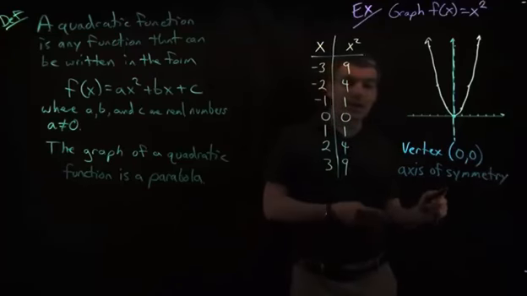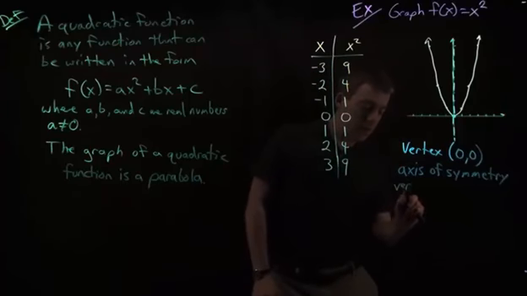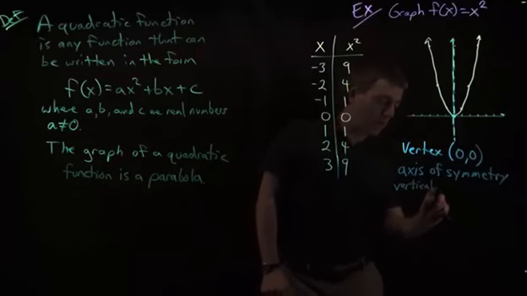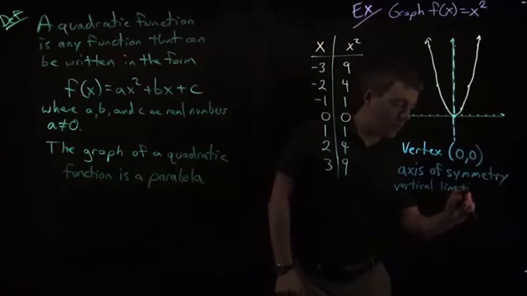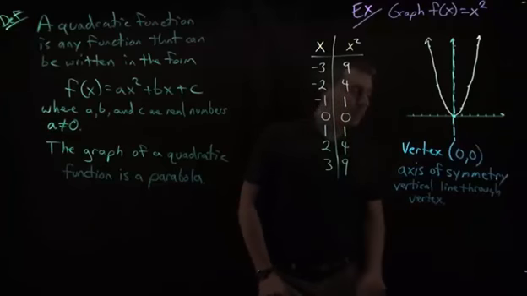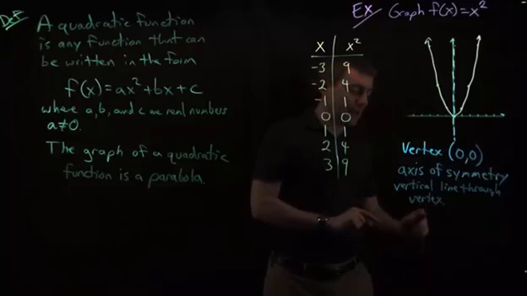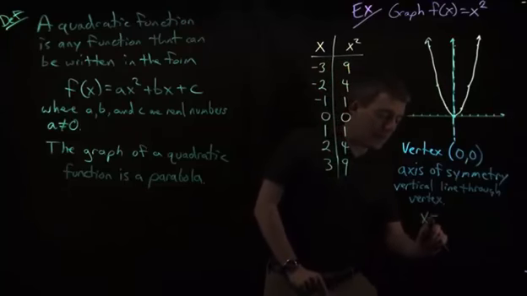And you can always find it. It is the vertical line through the vertex. In this case, the axis of symmetry is the line x equals 0.